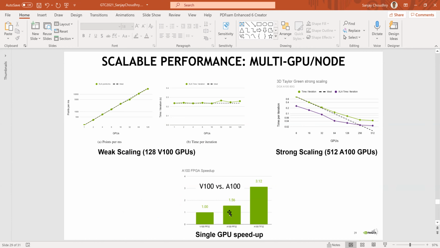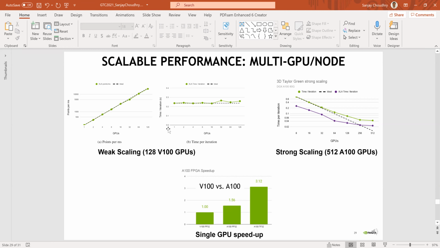Now, this is only for one problem. In some cases, we may get less. In some cases, we can get much more. And going from FP32 precision to TensorFloat-32 precision, we get double again in terms of performance. So going from a V100 to A100 with TensorFloat-32, you get an immediate 3x improvement in speed.